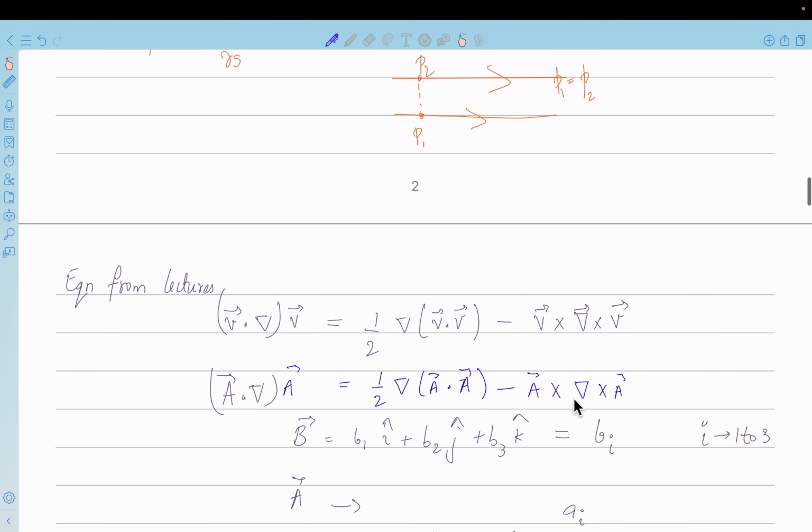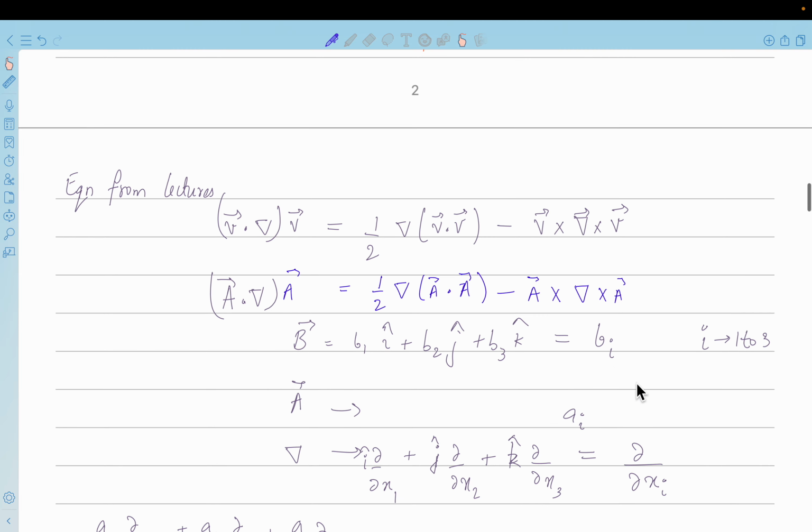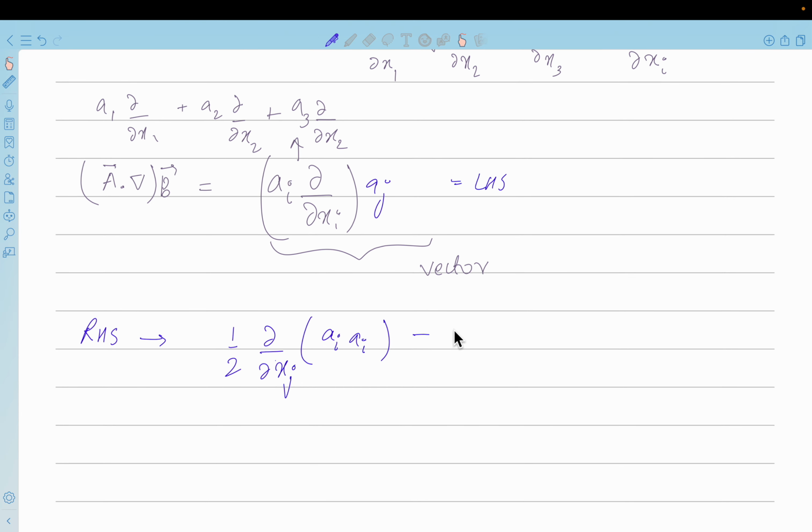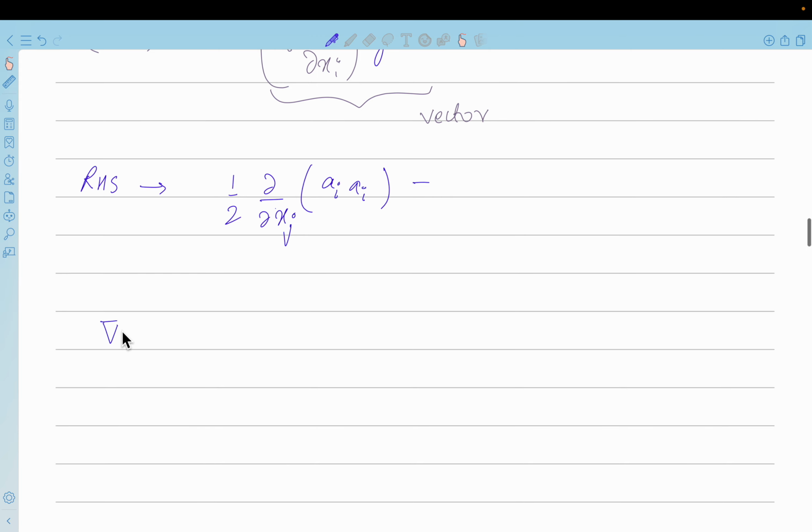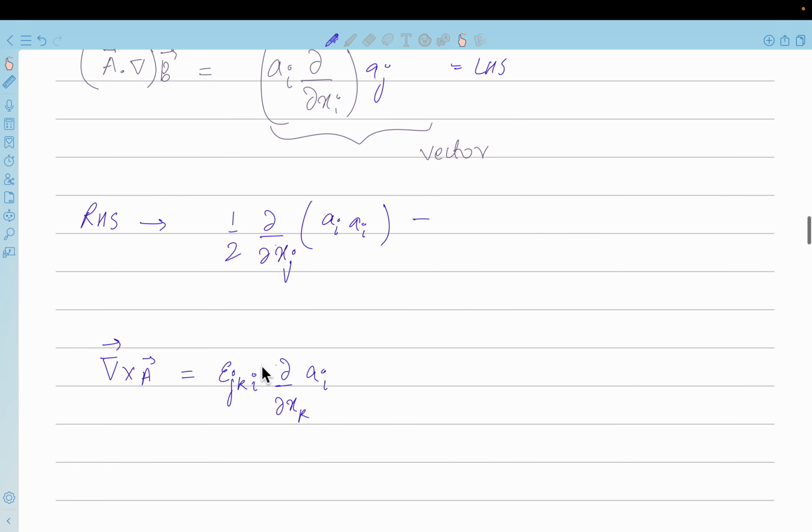And the last term is this A cross curl of A. So first let me see what is curl of A. This again we saw last time. Curl of A is written with epsilon EIJK. I'm just going to write it so that I have J as my independent index, JKI, dou by dou xk into AI. Then what is left is the J coordinate.